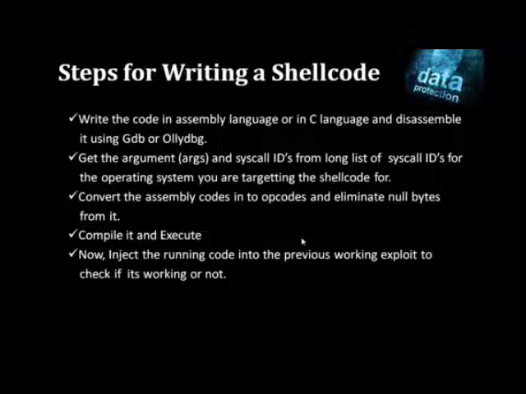Get the argument and system call IDs for the operating system you are targeting the shellcode for. Convert the assembly code into opcodes and eliminate null bytes from it. Next would be to compile it and execute. Finally, inject the running code into the previously working exploit to check if it is working or not.